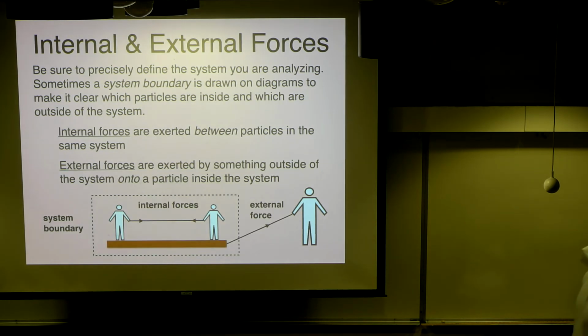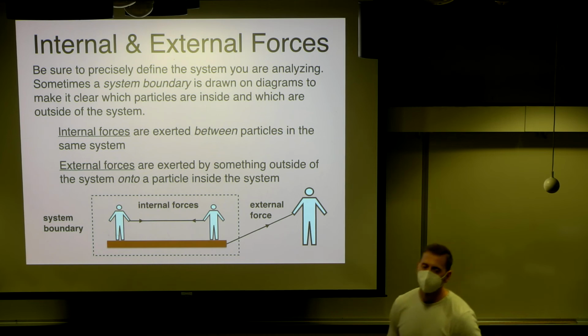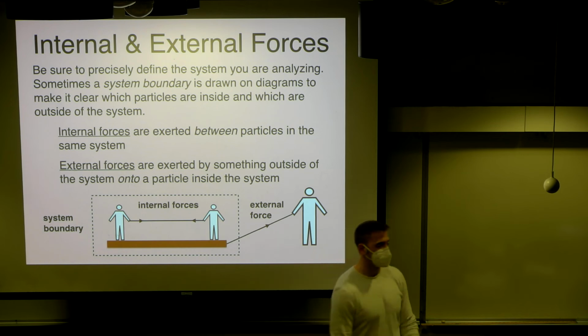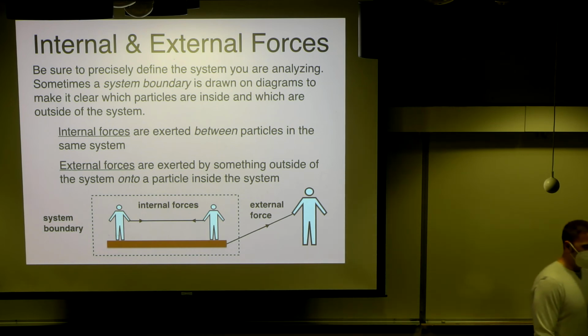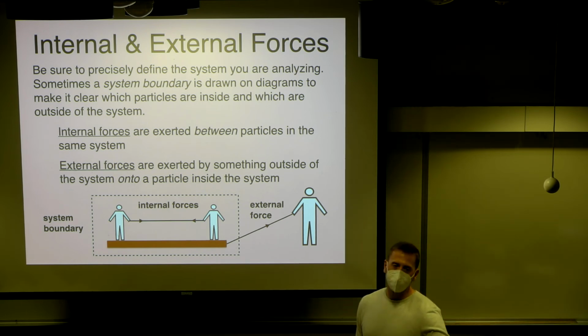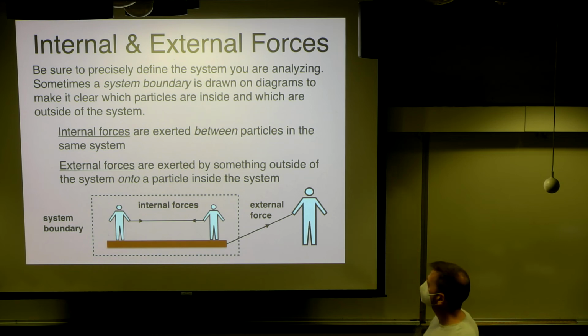Now related to this idea of a system of particles, we have internal versus external forces. Whenever we do a problem, and in particular we're talking about conservation of momentum problems that we'll start to see in a bit, we need to define what our system is.